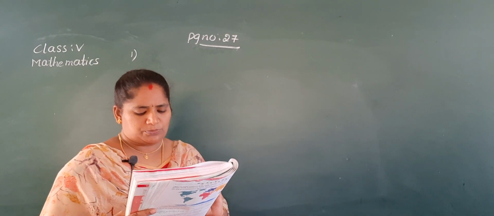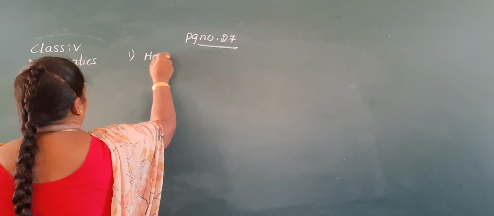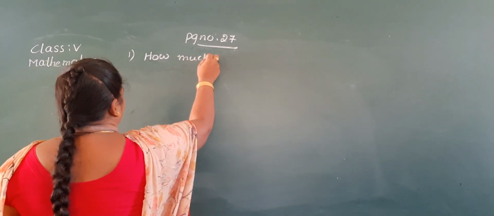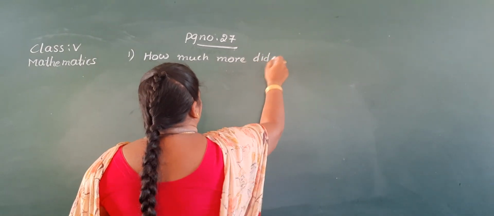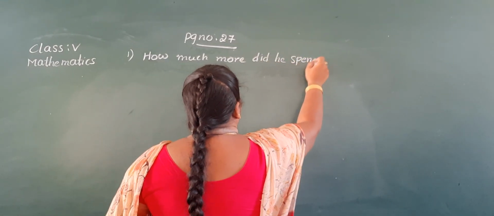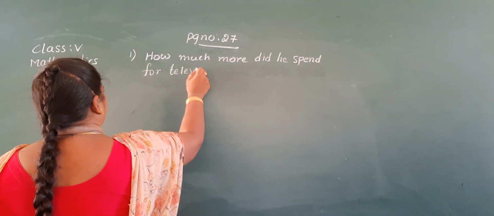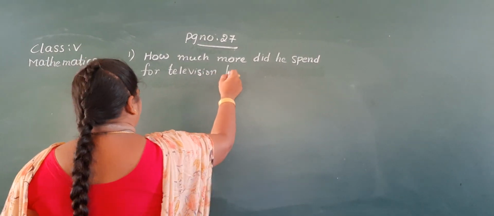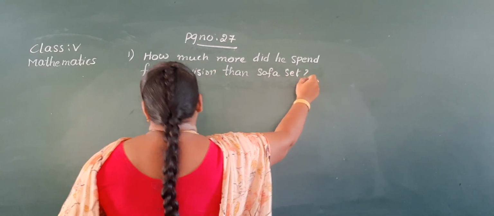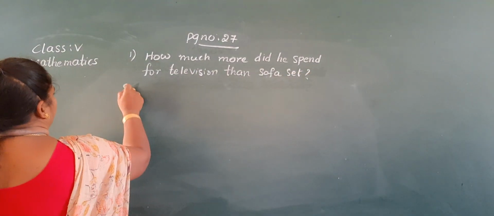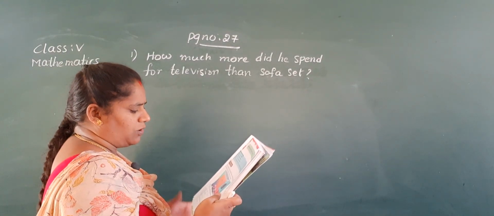First question, how much more did he spend for television than sofa set? So this is the first question. Now you have to look at the television cost and sofa cost.